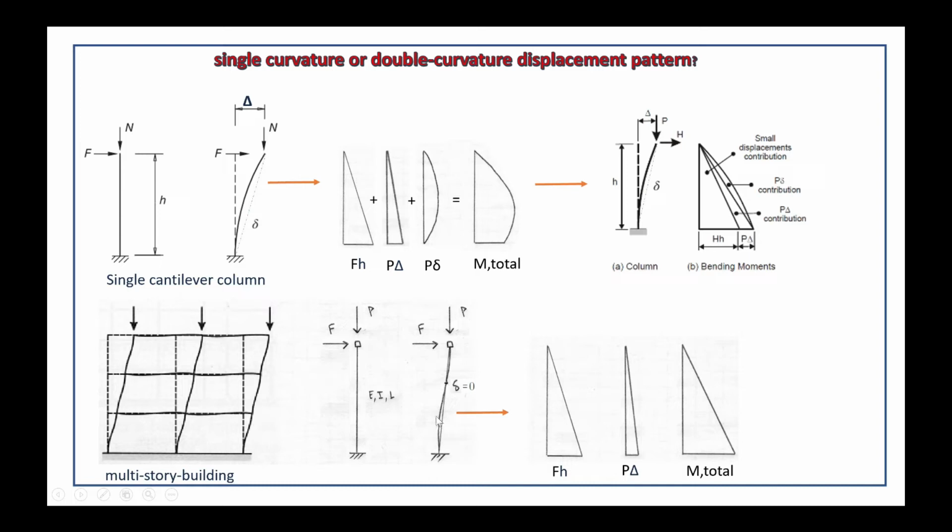We have another delta at this location, but the value of delta is smaller than for the single element. For the single element we are concerned about the big delta and the small delta. For the frame, for the building, the value is small if you compare it with the single element.